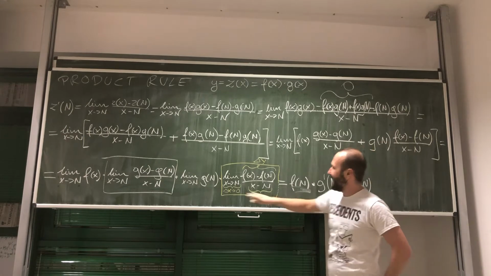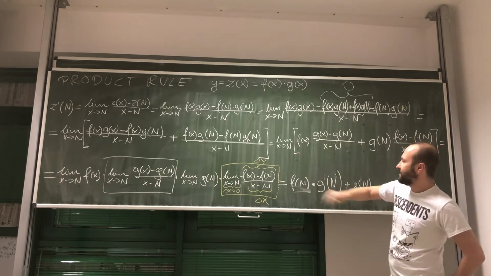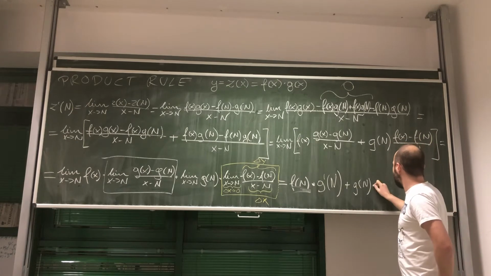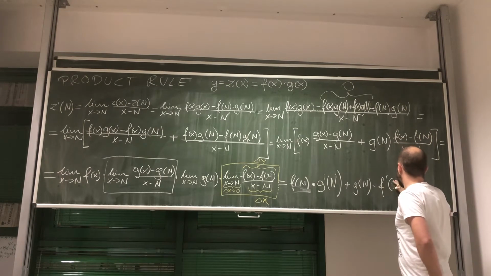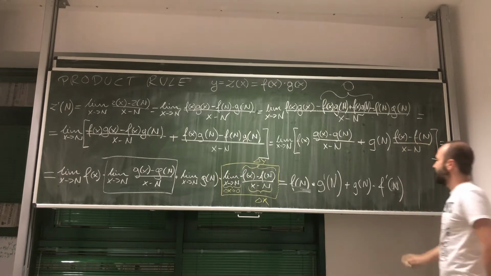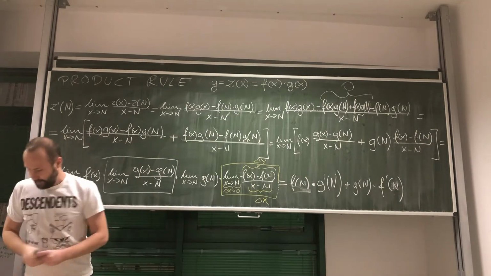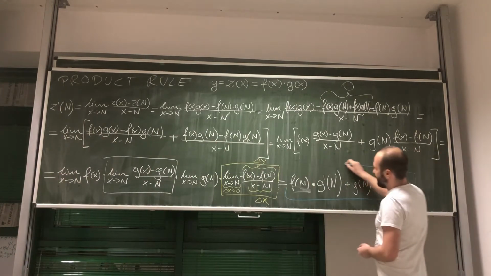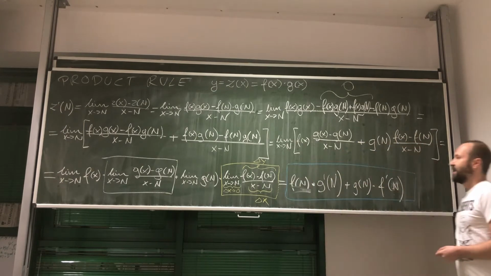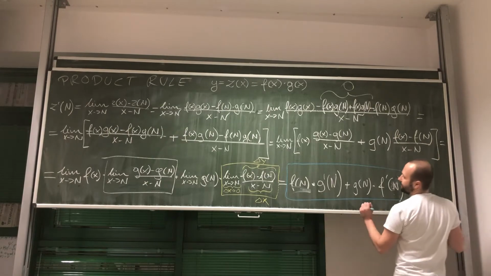Because we already have n over here, so we don't need to change a thing. And finally times f prime of n. And now we have actually proven the product rule. Okay.